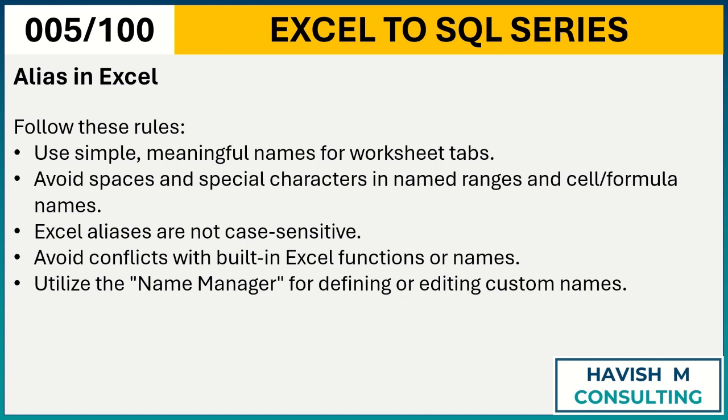Excel aliases are not case sensitive. This is very important. And the other thing that you need to ensure is you cannot use a function name as a range name or a named range when you're giving an alias.